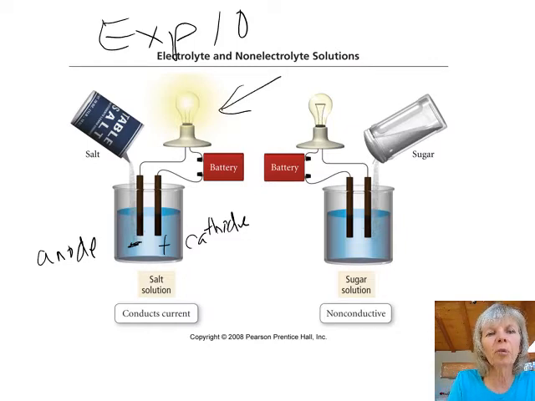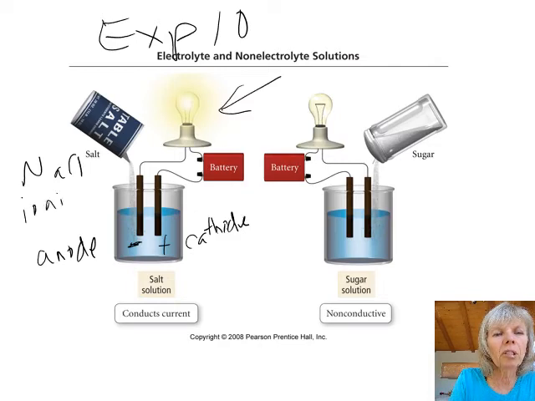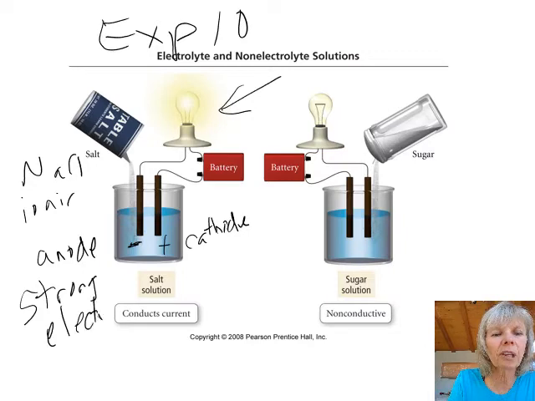So for example, if we have salt, NaCl, that's an ionic compound, and we know it dissolves in water. Anytime you have an ionic compound that dissolves in water, it's what we consider a strong electrolyte. It's going to conduct electricity because there are lots of ions present. So we have sodium ions and chloride ions that are going to be attracted to the opposite probe.